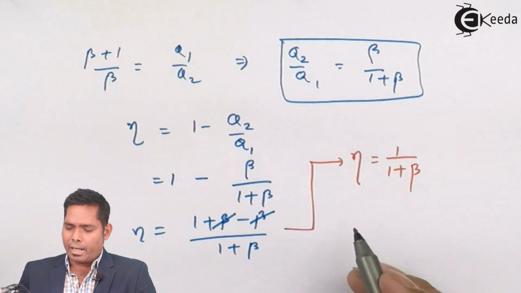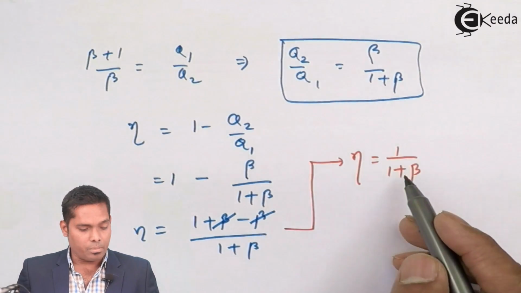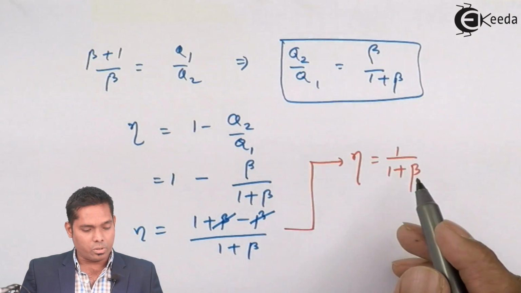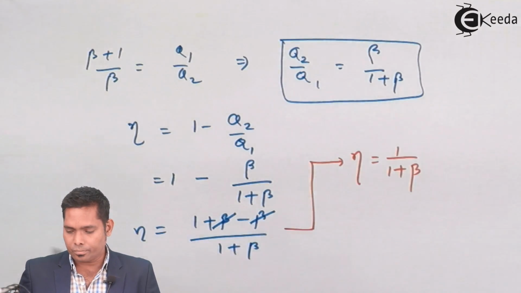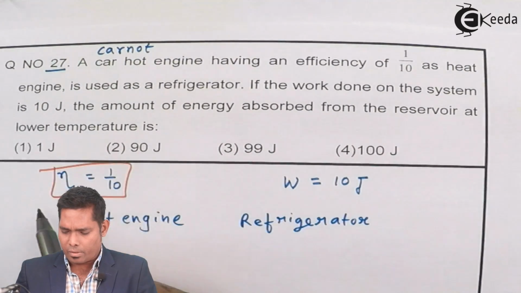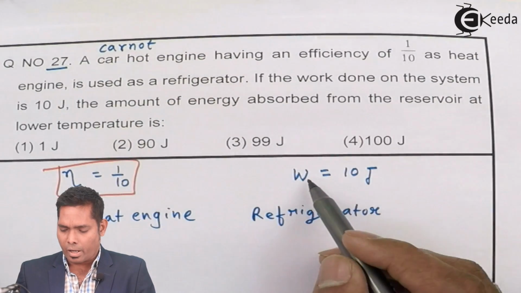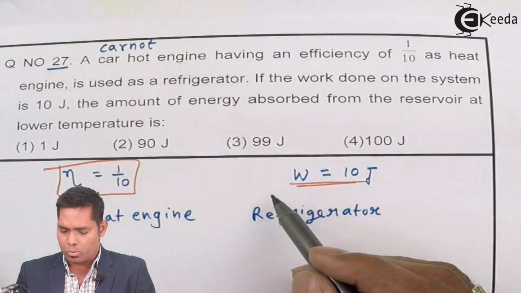So when I get the efficiency is this one, I want actually beta, because in the question you can see here, what is given is the efficiency, which is 1 over 10, and I don't know beta, and I know W, and I want Q2.